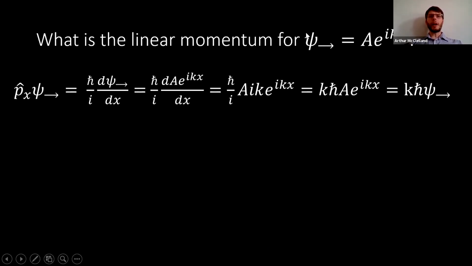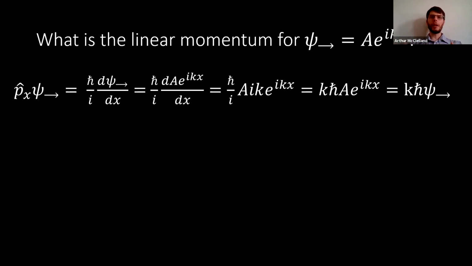And if we try to use this operator technique and the eigenvalue equation, we can look for what the linear momentum is. I'm going to call it psi right arrow, and you'll see why in a moment. And we'll take the wave function as a e^(ikx).